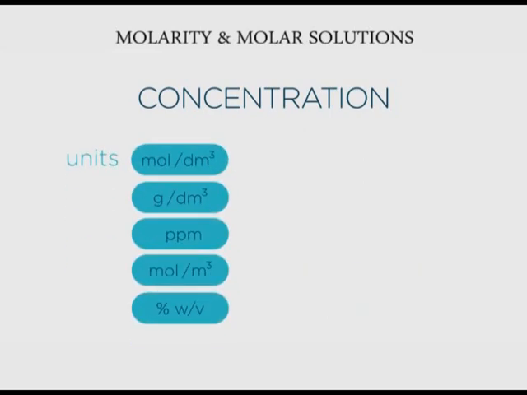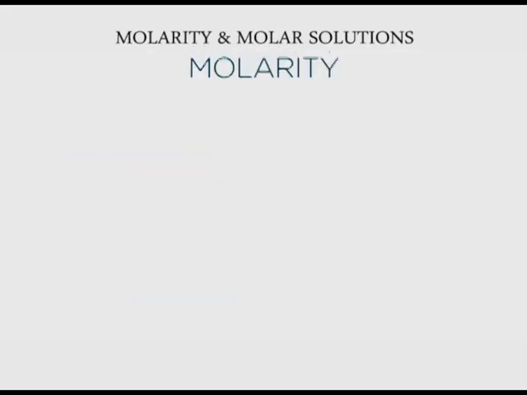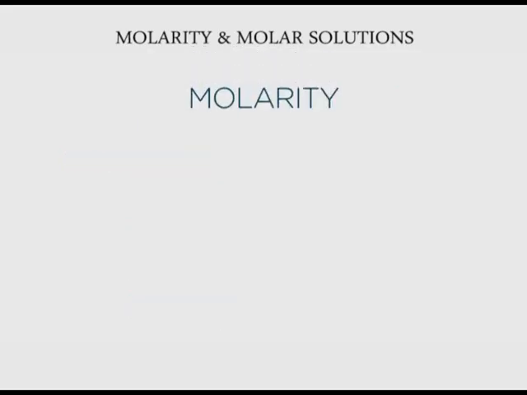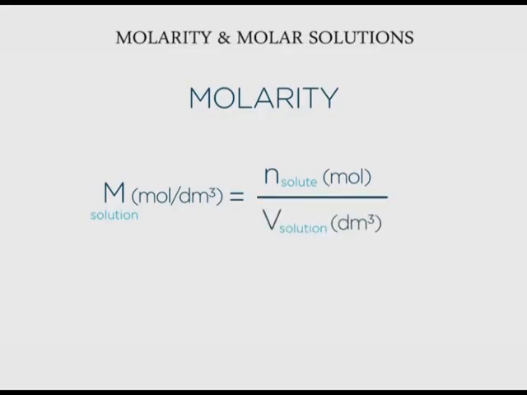And therefore, concentration is a general term used to describe the amount of substance dissolved per unit volume of a solution, and molarity is just one way of expressing concentration. Molarity is given by moles of a solute dissolved divided by volume of the solution. Take note of the statement volume of solution because it will mean something later.